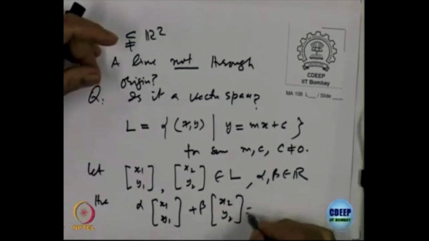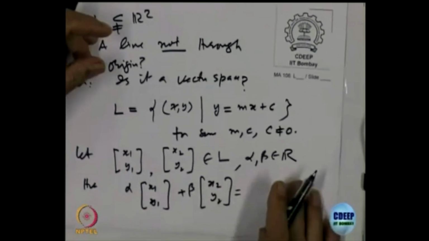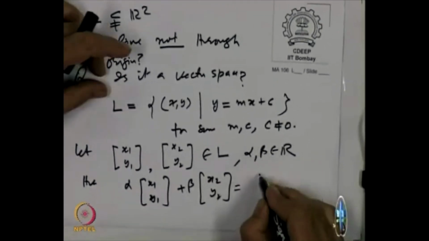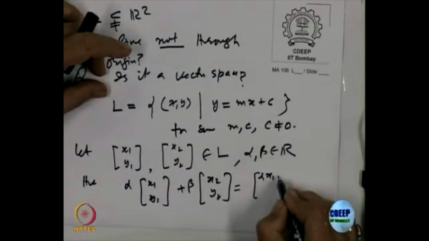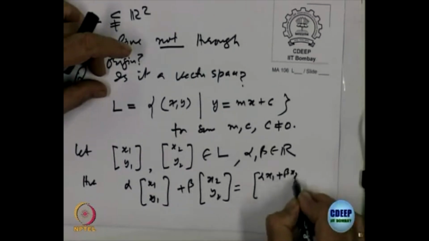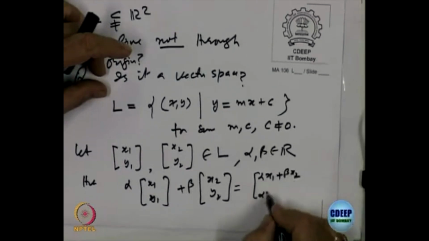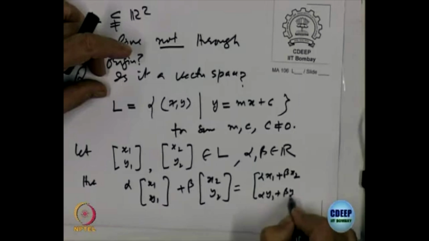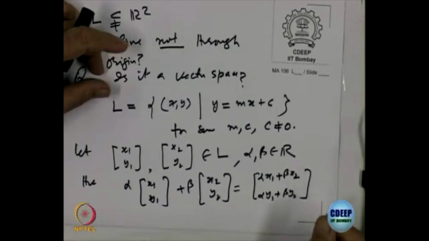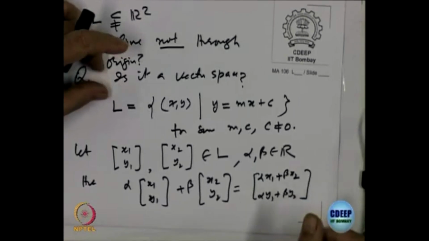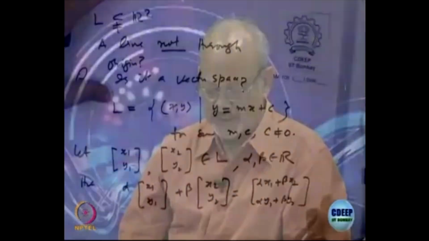What is that equal to? By vector addition, that is equal to alpha x1 plus beta x2, and here it will be alpha y1 plus beta y2.